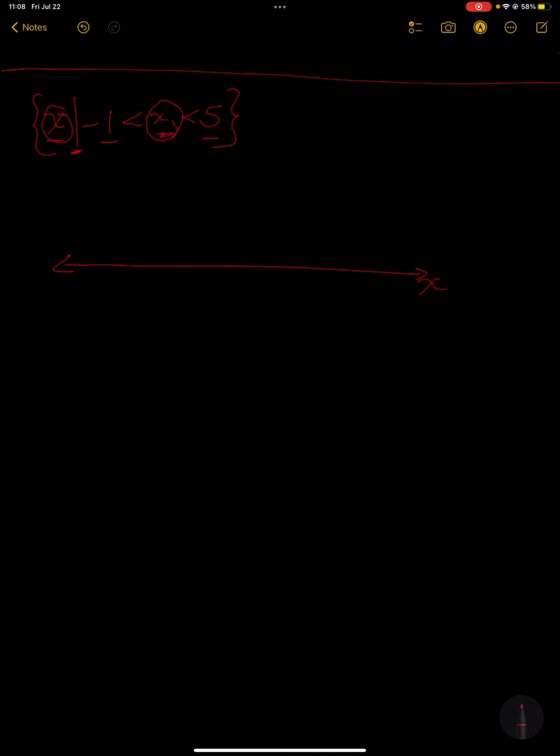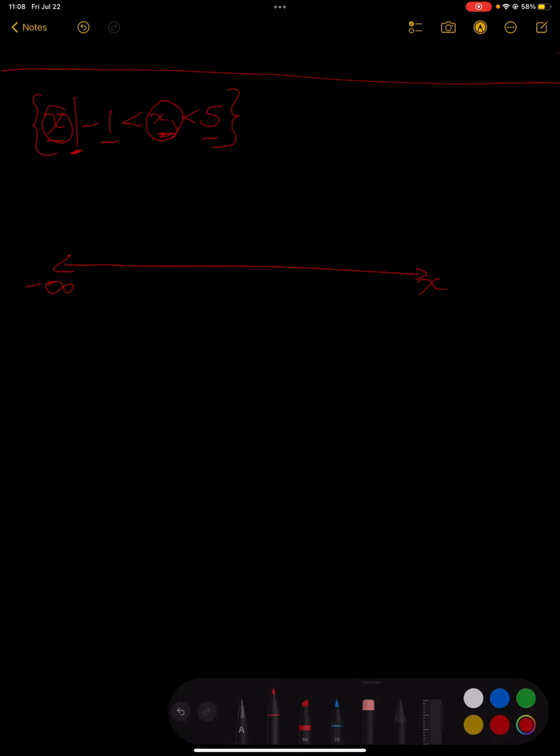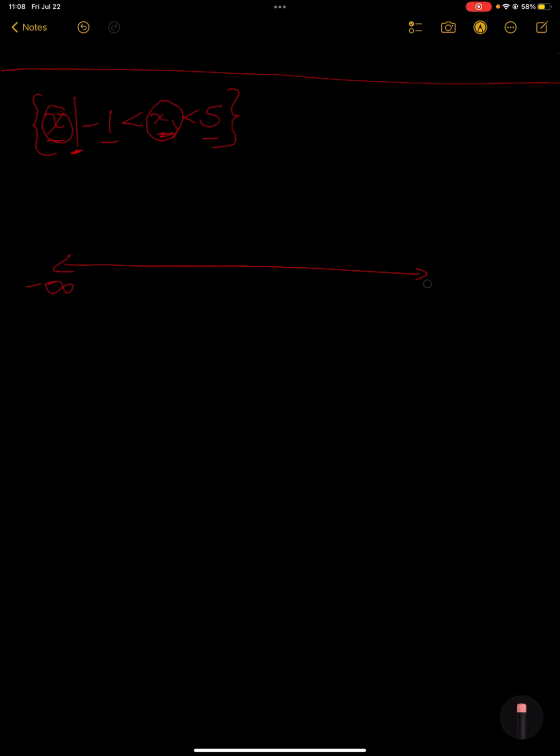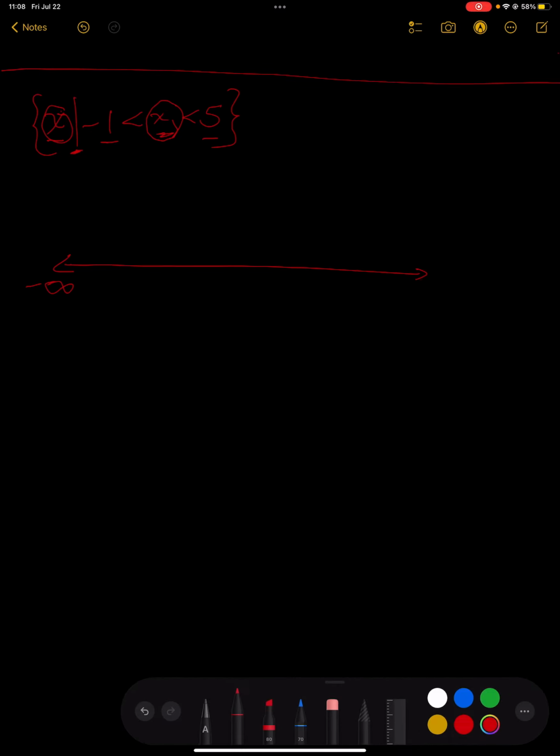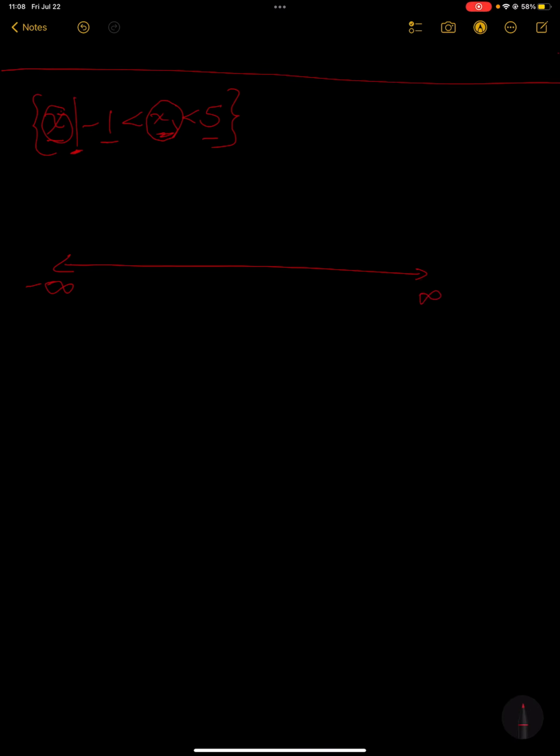So basically this is -infinity, all right? And this is positive infinity. So you have negative infinity, positive infinity, and somewhere here is 0. Okay? So then we have -1.